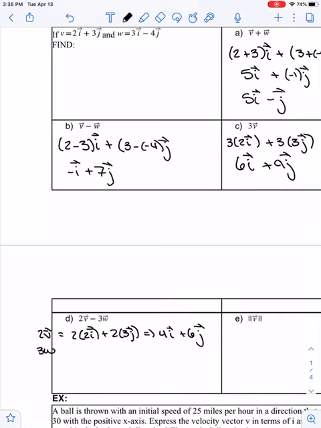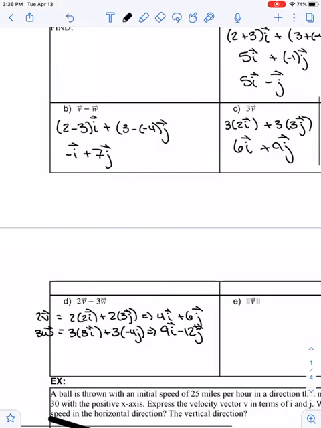And then the 3w equals 3 times 3i plus 3 times negative 4j, which equals 9i minus 12j. Now we can subtract them. So 2v minus 3w.